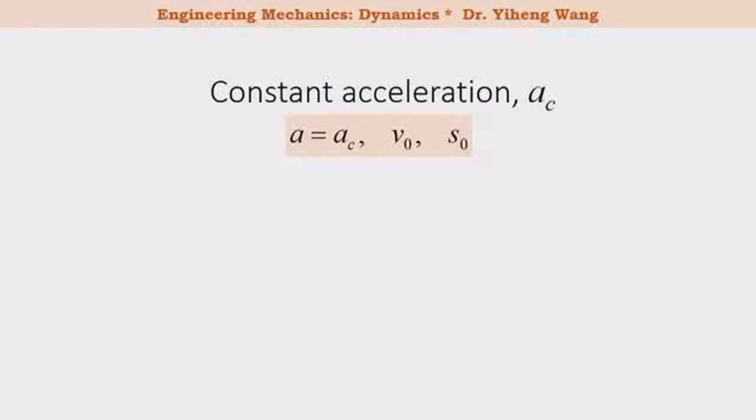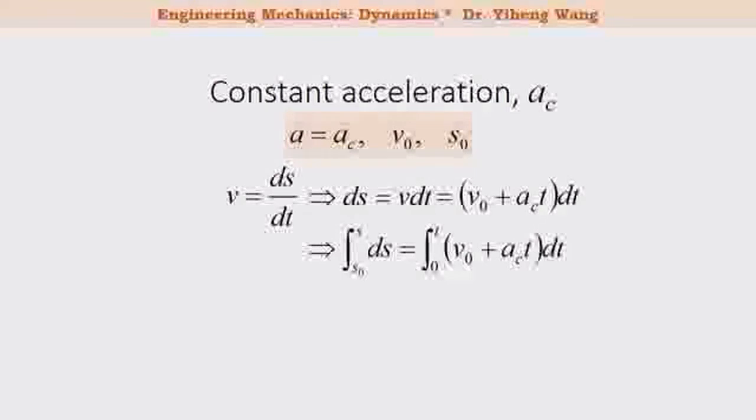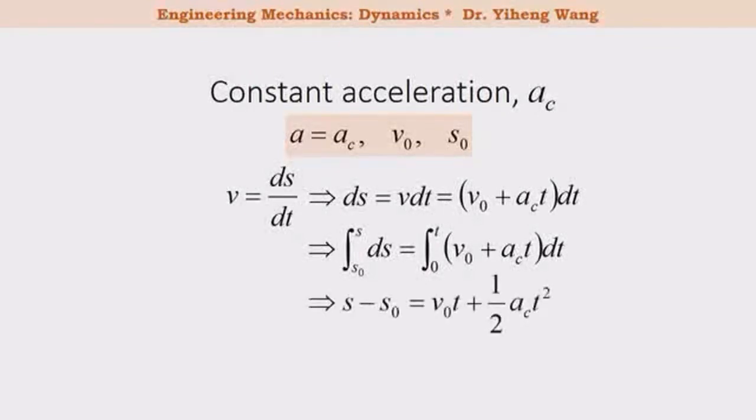Similarly, from this kinematic equation, v equals ds over dt, we can rearrange it. Because from the previous step we have already determined that v equals v0 plus a_c times t, we can just substitute it in and integrate both sides, from initial position s0 on the left side and from time 0 on the right side. We can get this and rearrange it.